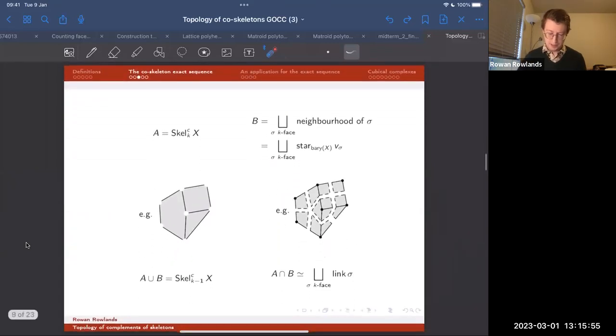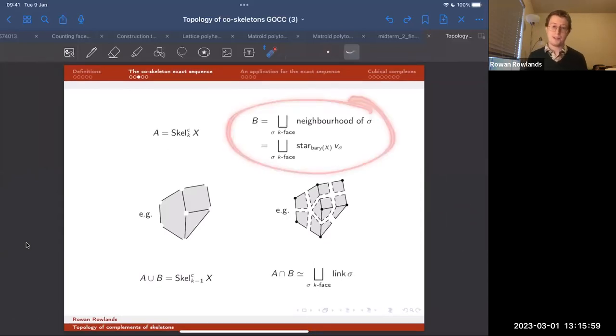To be a little more precise, the way that we'll set up these open neighborhoods of the faces is we will take something called the barycentric subdivision of the polytopic complex. This is a subdivision, meaning a polytopic complex with smaller polytopes than the original complex.